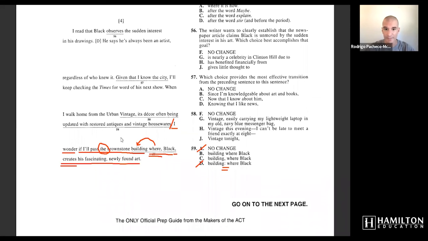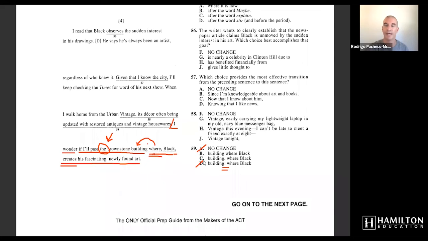For instance, to see if these are non-essential, we could put a period here. I wonder if I'll pass the brownstone building. Right? With this article, we can't just end the sentence there, because this tells us that we are specifying, we are restricting the meaning of building.